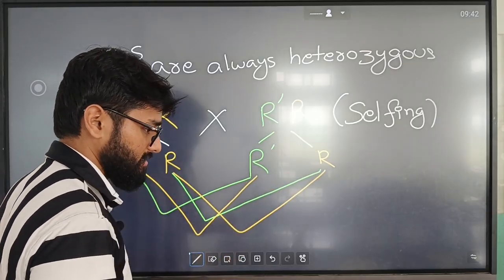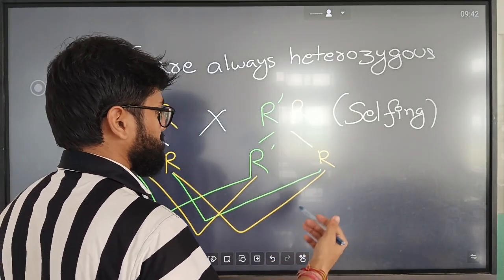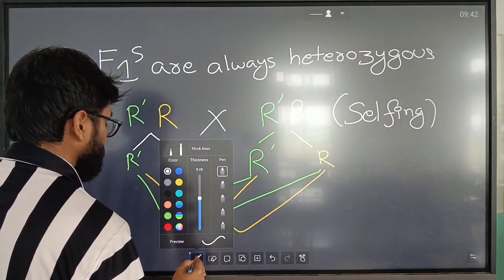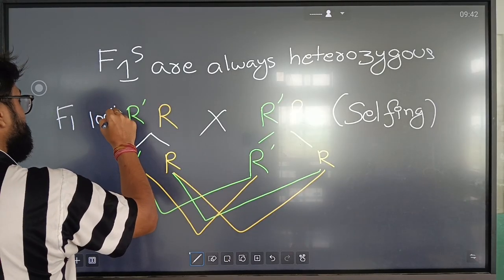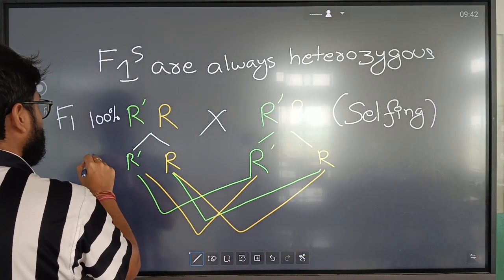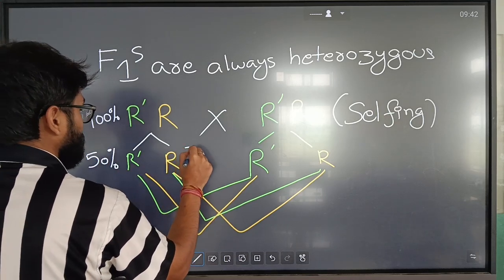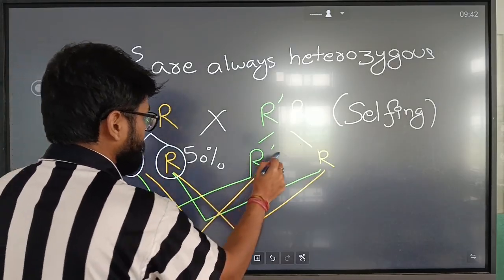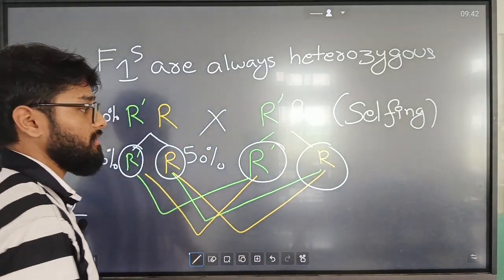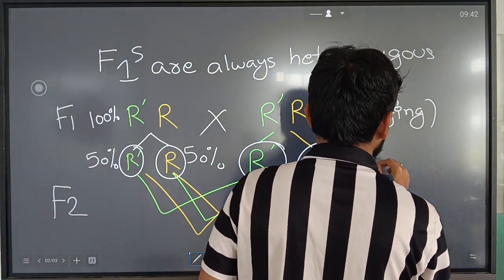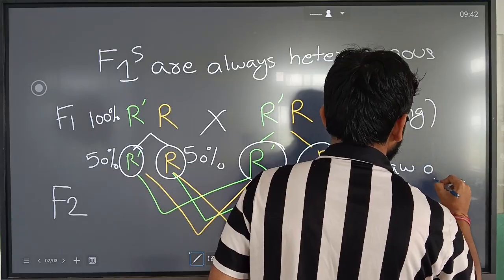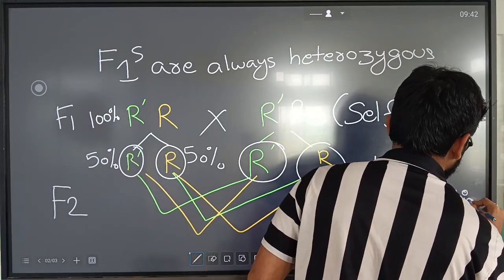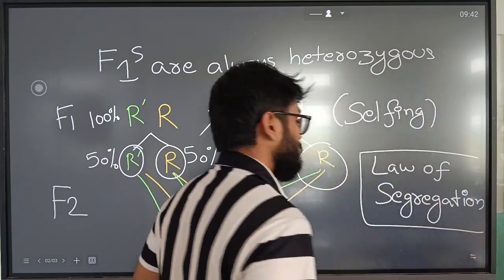Of all the 4 possibilities that you get, let me explain it to you in a bit of mathematics. Okay, like Mendel used. If you consider this to be 100%, what is the probability that you will get in this? That is 50%. 50%, correct? The gametes formed will always be 50-50. This is only possible by virtue of the law of segregation.